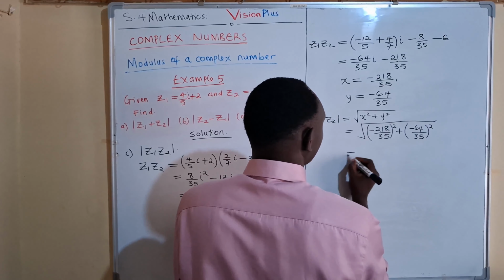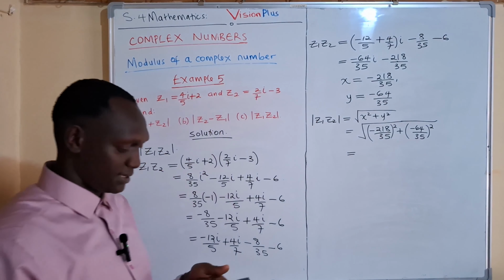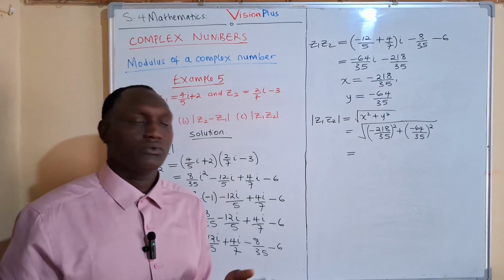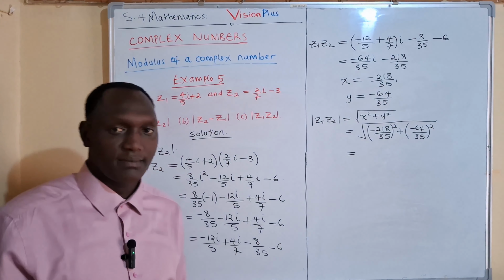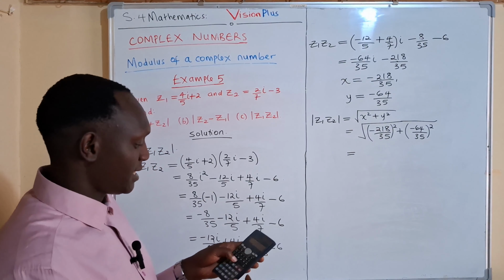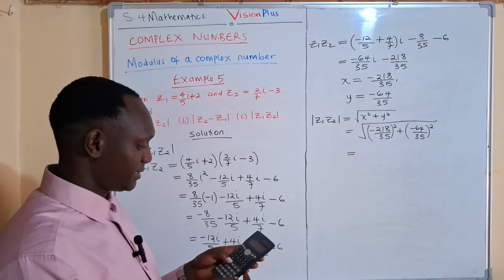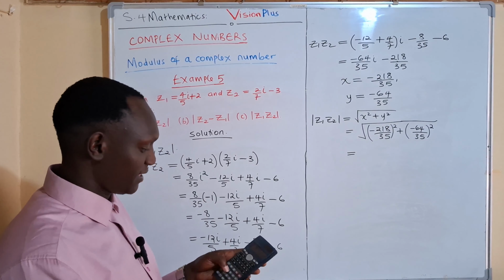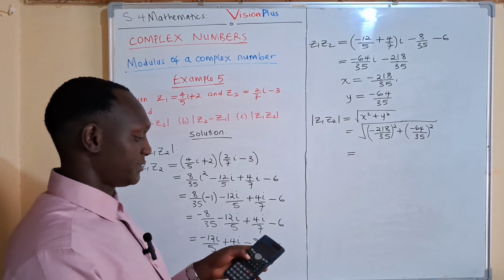Now, don't waste your time writing bulky numbers. The calculator can do that for you. So let me start by saying, I have negative 218 divided by 35, close the bracket, squared.